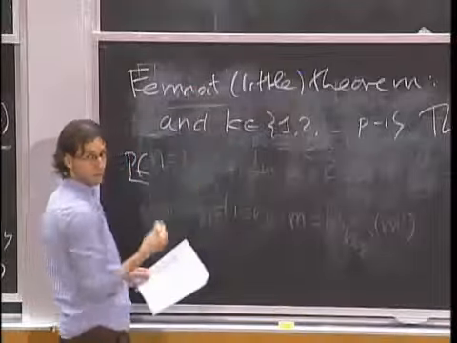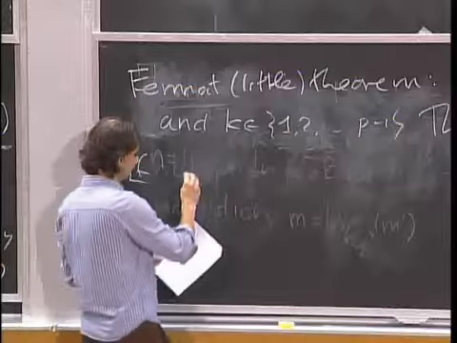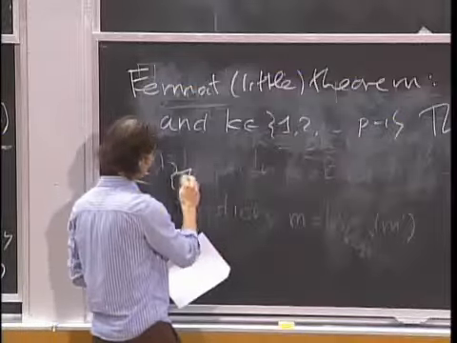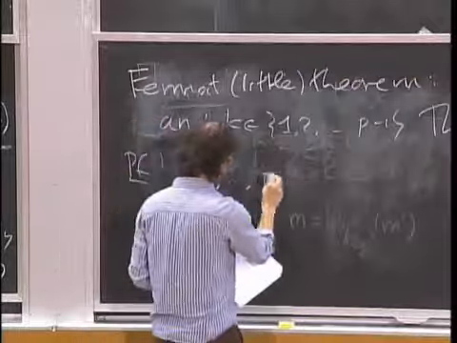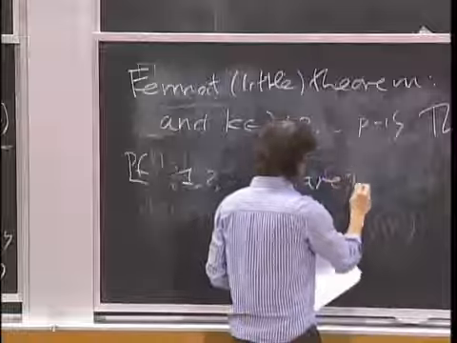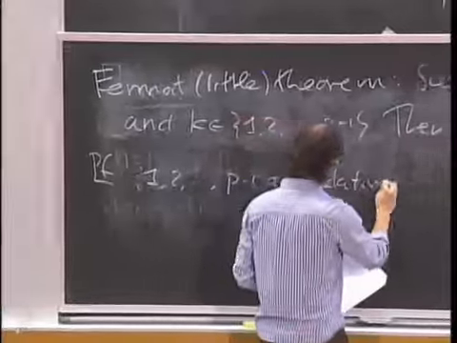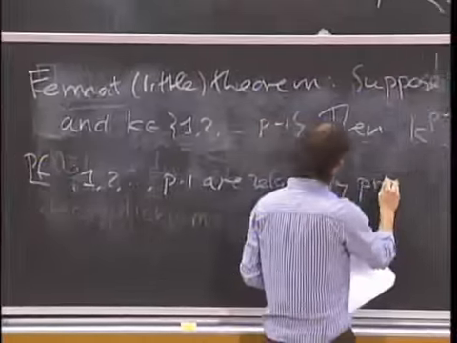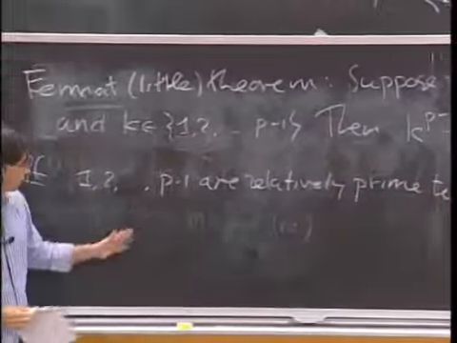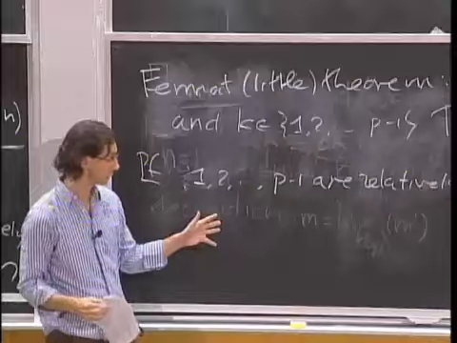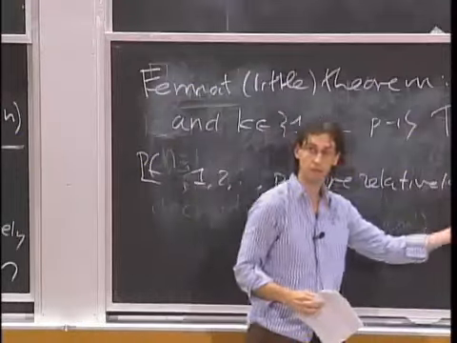Well, we know that p is prime, so the numbers 1, 2, all the way up to p minus 1 are actually relatively prime to p. So why is that? Well, p is prime, right? So the greatest common divisor between any of those with p is equal to 1.